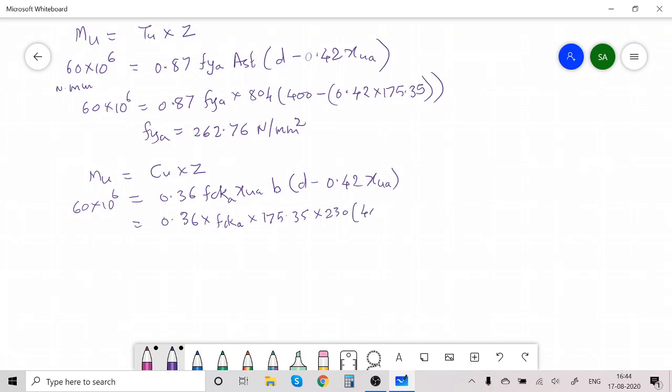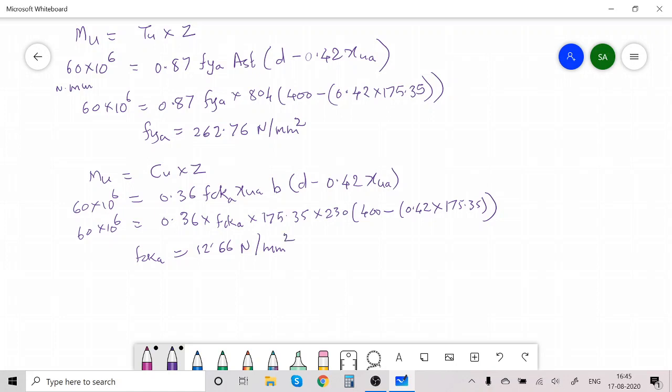D 400 minus 0.42 into 175.35. So simplify this. You will get stress in concrete actual is equal to 12.66 Newton per mm square.